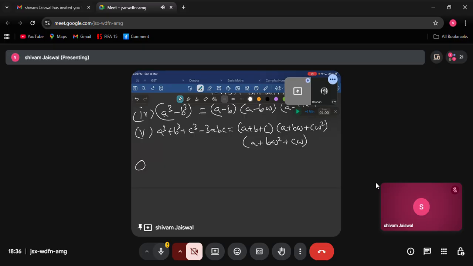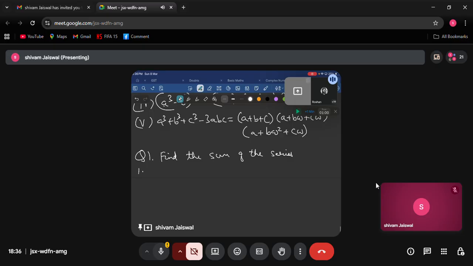Question number 1. Find the sum of the series 1 into 2 minus omega into 2 minus omega square plus 2 into 3 minus omega into 3 minus omega square, and so on, up to n minus 1 into n minus omega into n minus omega square.